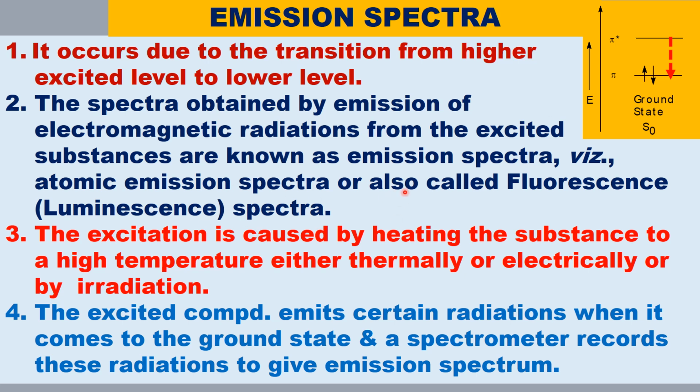The excitation is caused by heating the substance, electrically, thermally, or by irradiation. By irradiation the electron jumps from lower level to higher level, so the substance is in the excited state. When it is in the excited state, it will give emission spectra. The excited compound emits certain radiations when it comes to the ground state, and a spectrometer records these radiation intensities versus wavelength or frequency to give the emission spectrum.